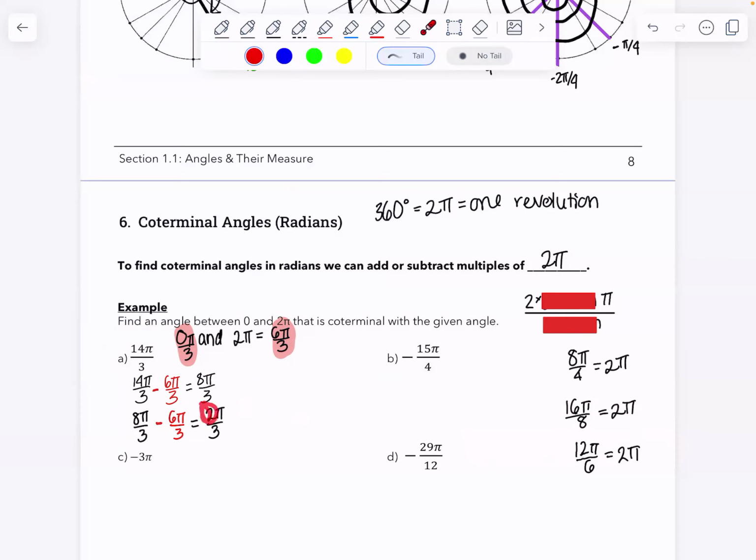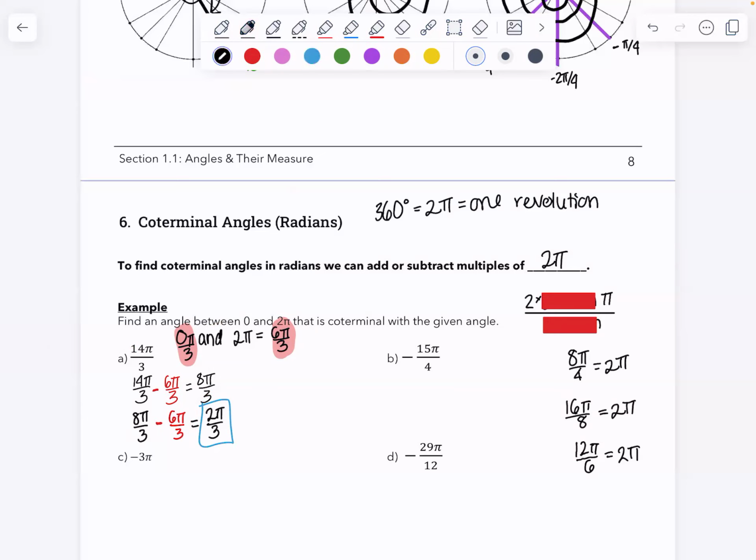You're just looking at the number: 2 is between 0 and 6. 8 is not between 0 and 6, and 14 is not either. But 2 is, and that is our answer for that one.